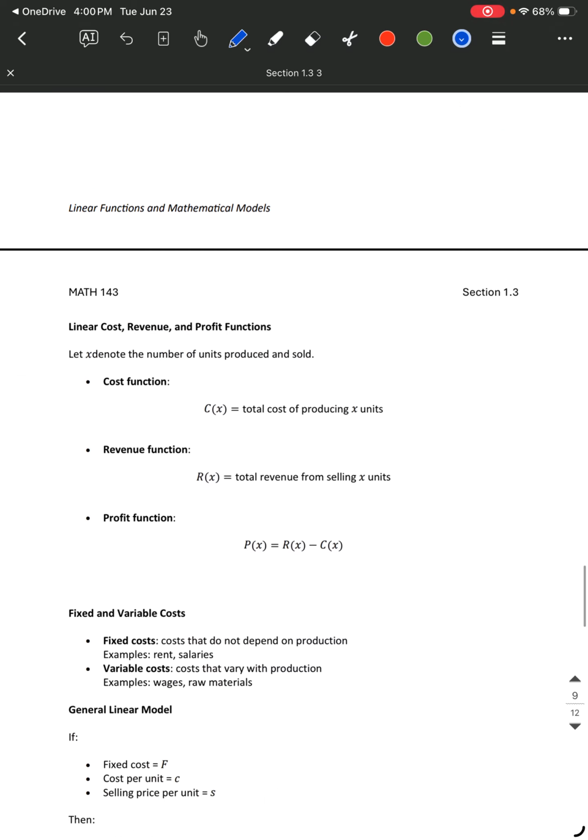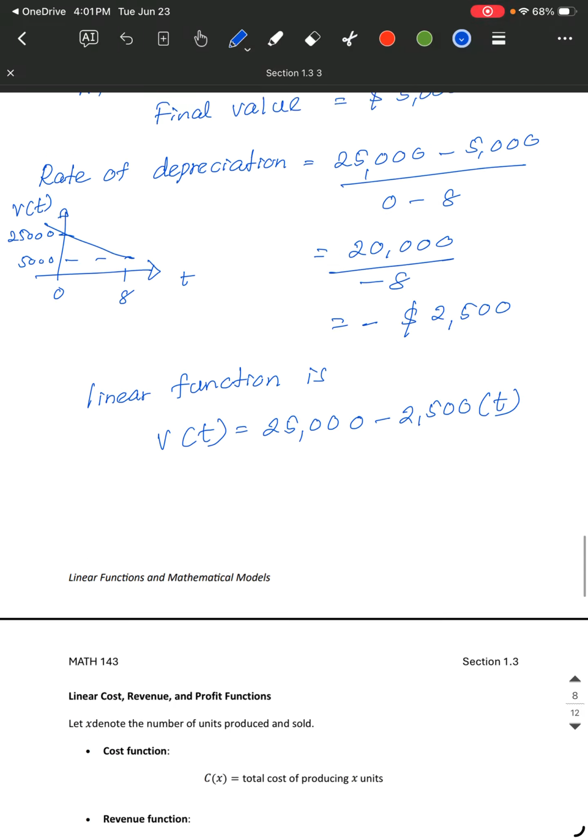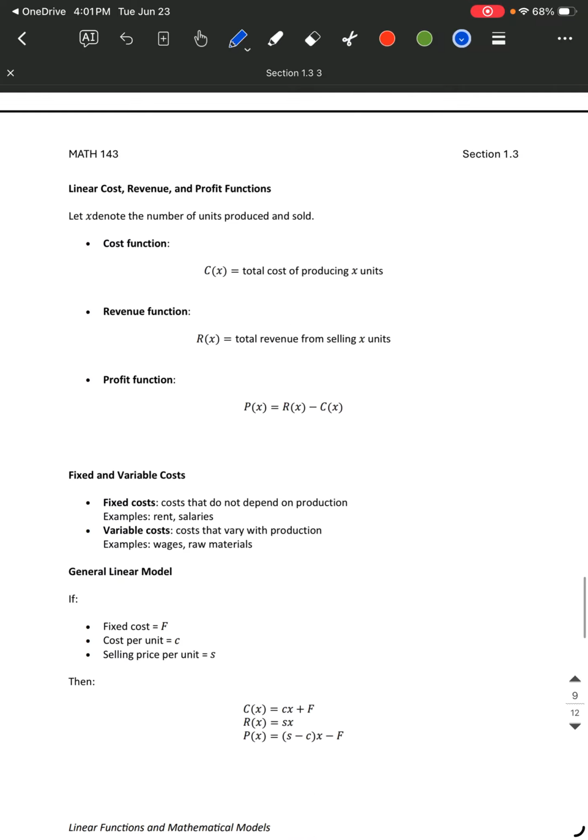Okay, then let's move to the linear cost, revenue and profit functions. I hope everything is clear so far. So businesses usually have two types of cost. First, the fixed cost.